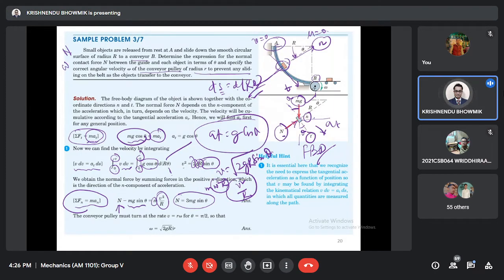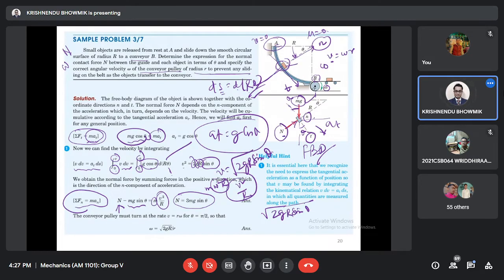Now when this block has come here and omega is the rotation speed, then v equal to omega r, and that velocity v is the same as square root of 2 g r sine theta.